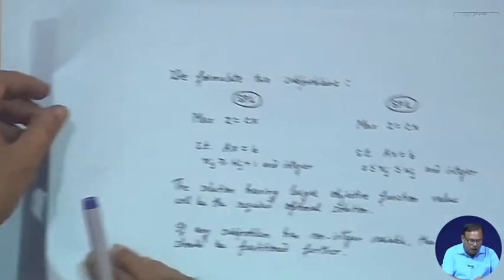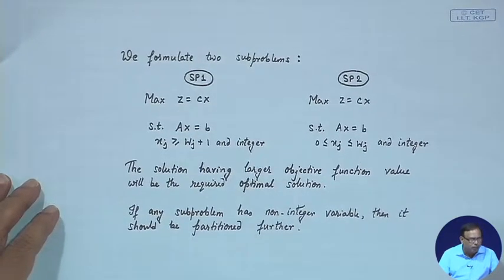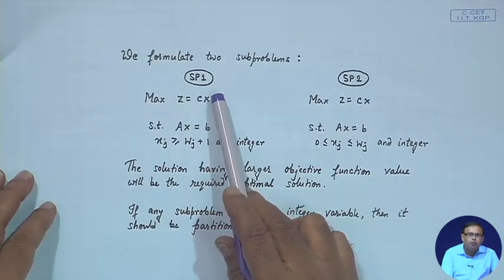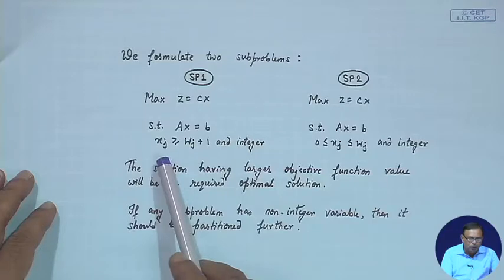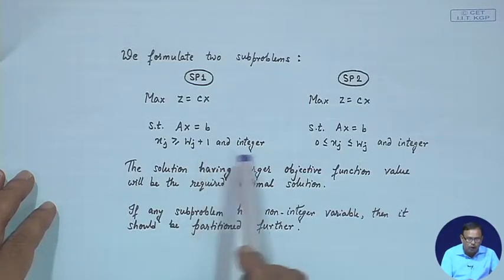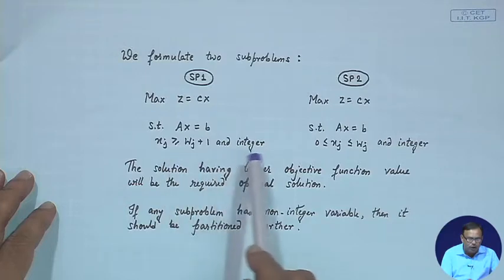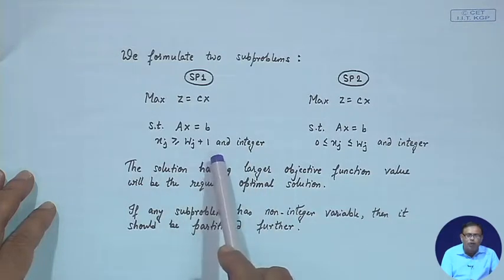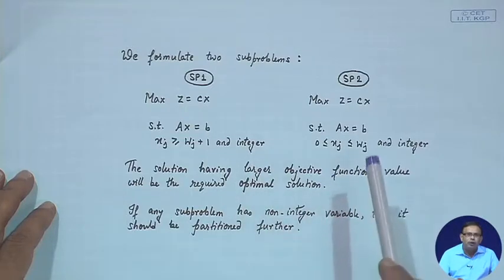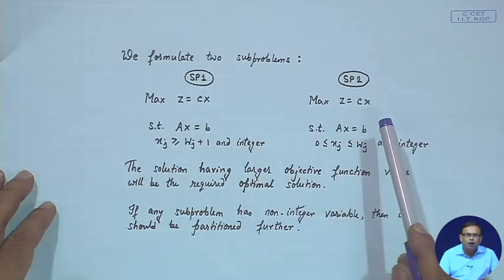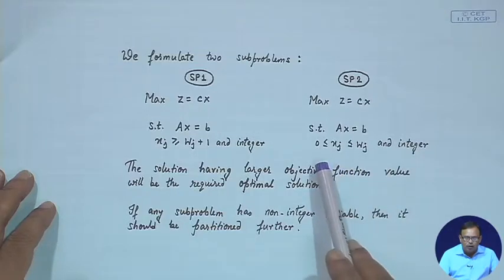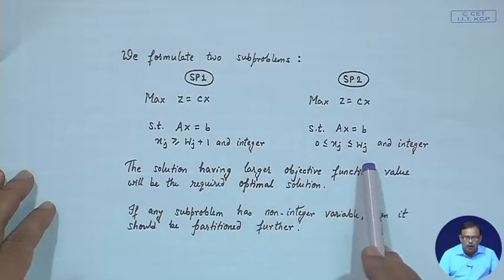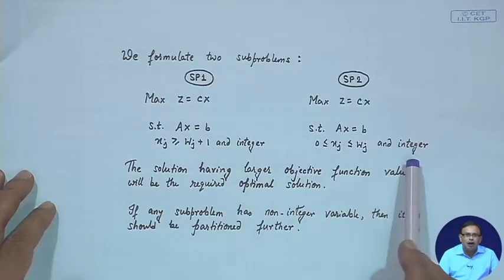Or in other words, I can reformulate the two subproblems like this. One I am calling SP1: maximize z equals c x subject to a x equals b, x j greater than equals w j plus 1, and integer. So, one condition we are writing here is x j greater than equals w j plus 1, and obviously all x j will be integers. The second is subproblem 2, which we denote as SP2: maximize z equals c x subject to a x equals b along with 0 less than equals x j less than equals w j, and x j's are integers.